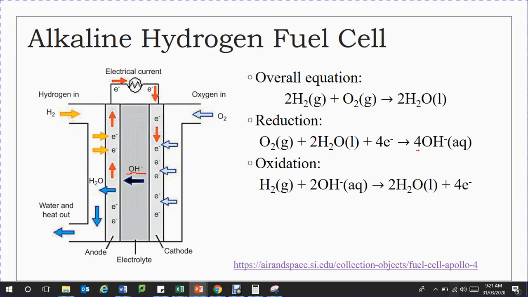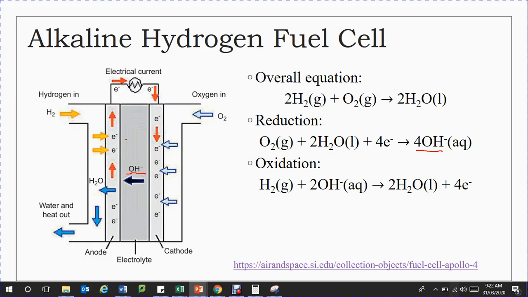We're forming hydroxide ions. If you have a look at your electrochemical series, you'll see all these equations on there. You just need to make sure that you're looking at the alkaline conditions, remembering that you're not forming hydrogen ions. So hydroxide is an anion.